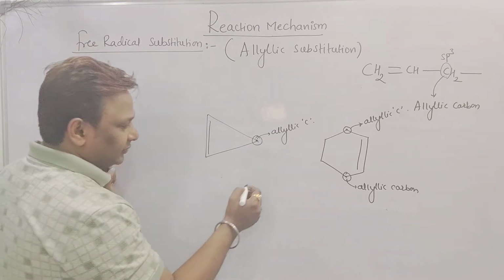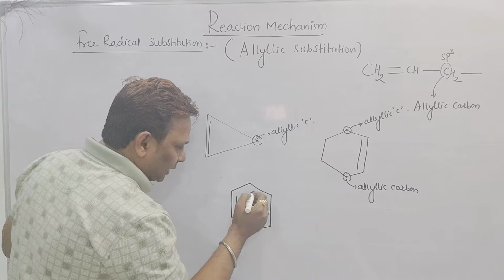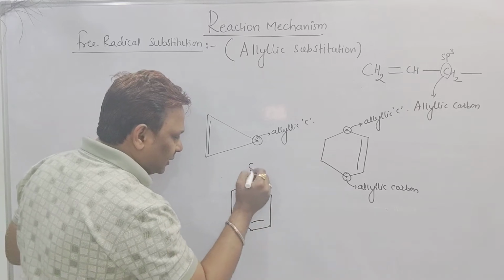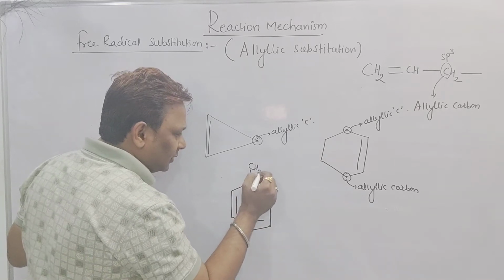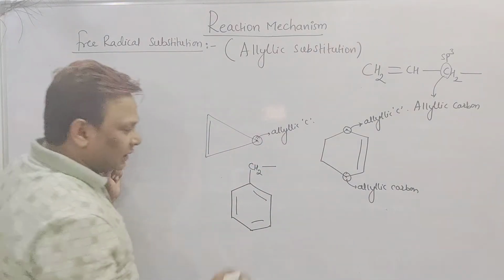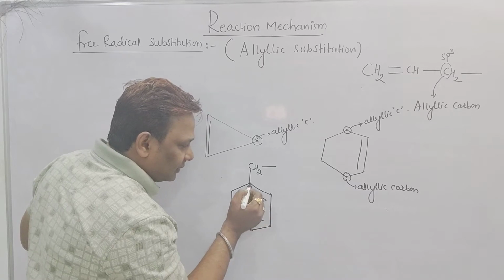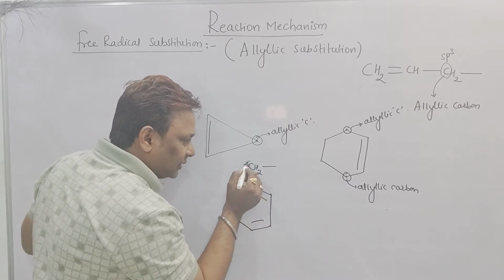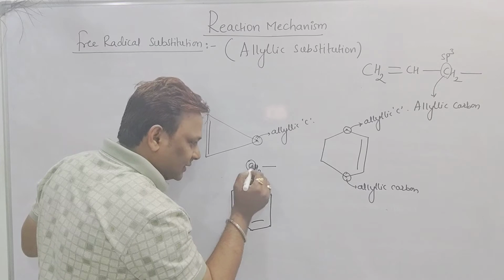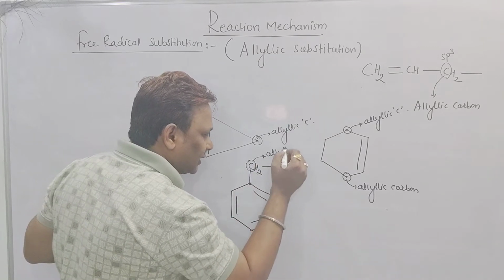One more I will show you. Can you tell me, sir, in this one, which one is the allylic carbon? Sir, I will tell you. See beta, a carbon double bonded with carbon and attached to an sp3 hybridized carbon, and this sp3 hybridized carbon is called the allylic carbon.